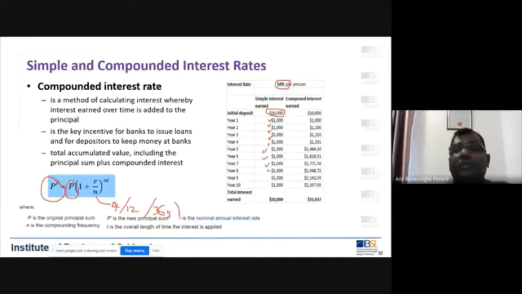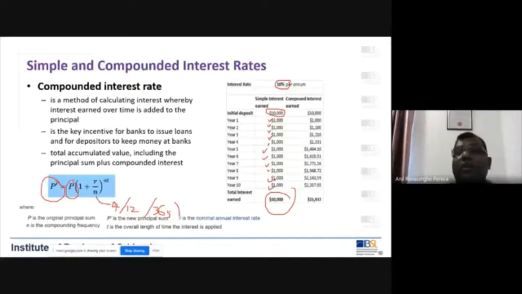Some people actually do this. They are basically depositing a certain amount of money and they withdraw the interest component. So every year what you have is simply 10,000, up to a 10-year period. So the total interest earned in this case, over a 10-year period, equals 10,000.